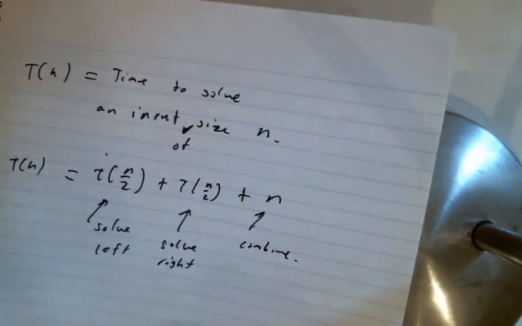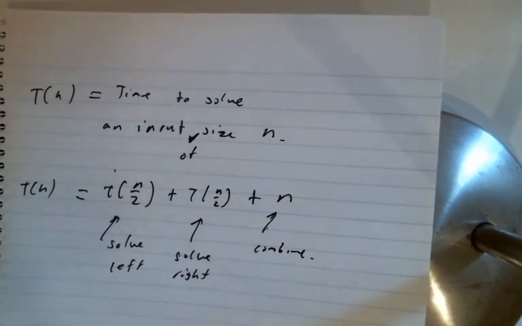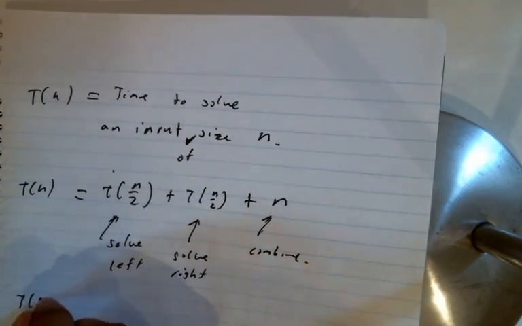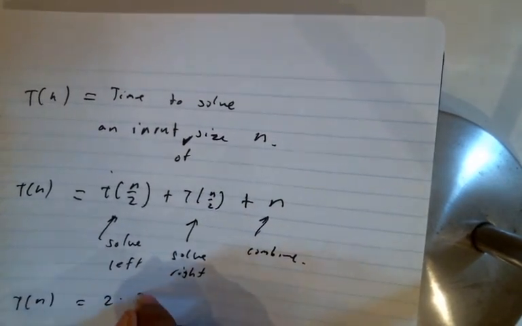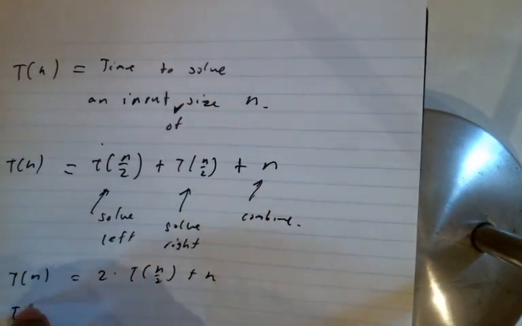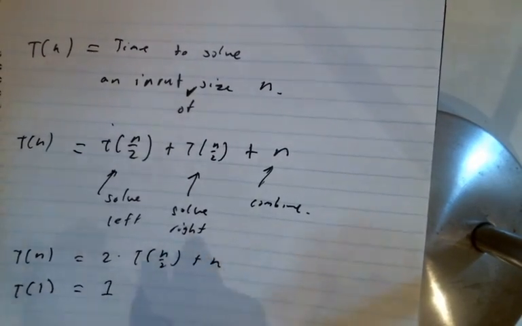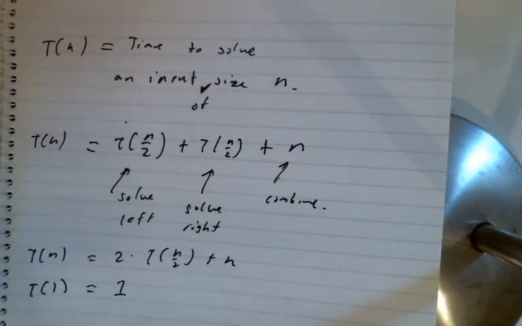And you can show, I'm not going to show this, but it's not too hard to show, you can look this up, that if I have something like this, T of n is 2 times T of n over 2 plus n, and the time to solve an input of size 1 takes one step, because if you have a 1 element array, it's already sorted.